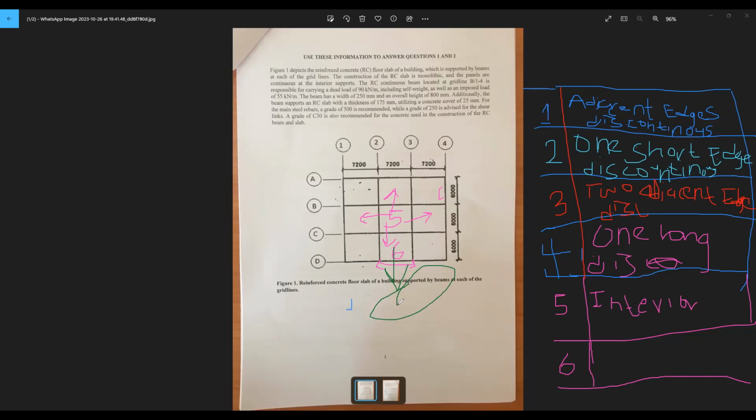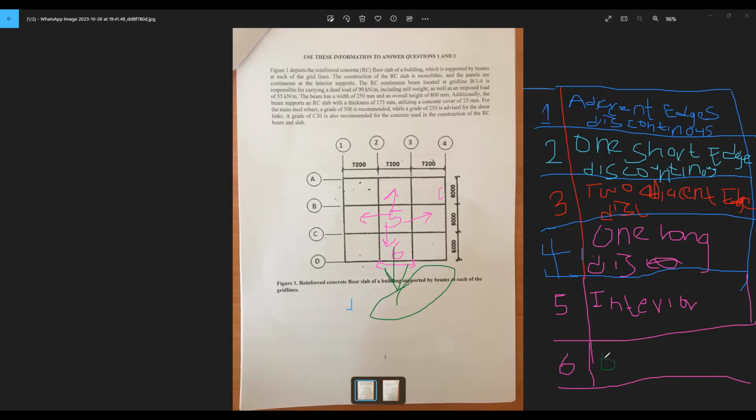So that makes that part a discontinuous edge. And you can see that part is 7,200 as compared to the other edges, which is 6,000. It's the longer edge. So we have one long edge discontinuous, and that will be the answer for the type of panel it is.